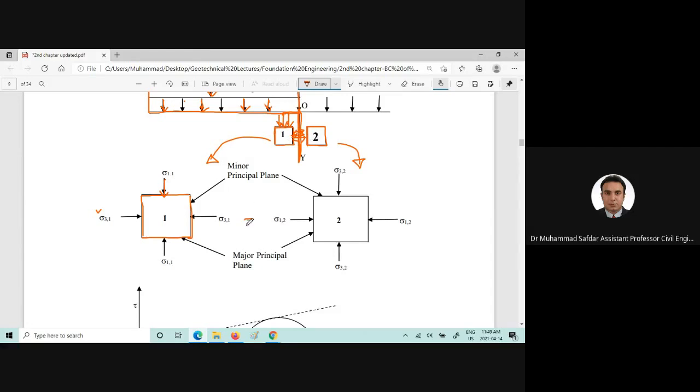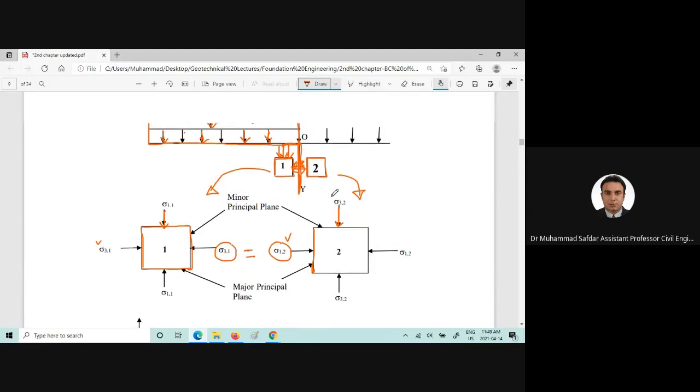So here sigma 3.1 is equal to sigma 1.2, and sigma 3.2 will act on this plane, and this one will be the major principal plane because this stress would be greater than this one, and I will explain why.